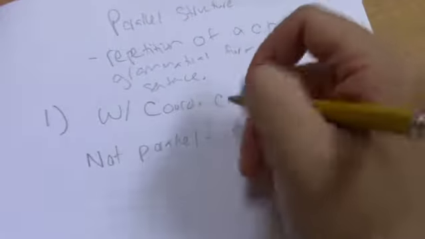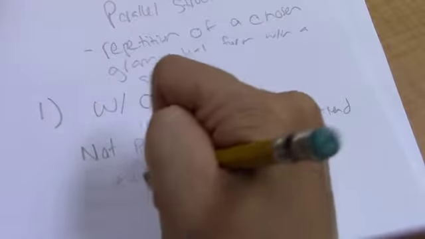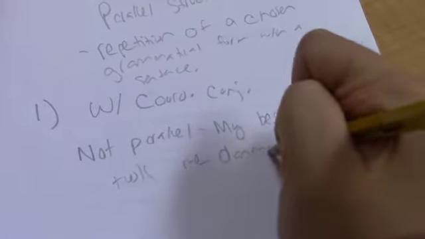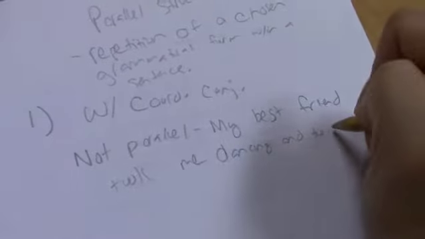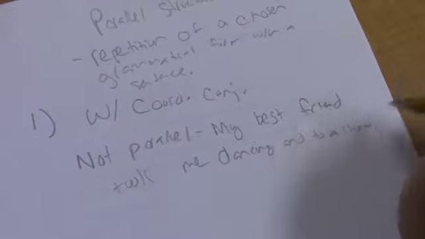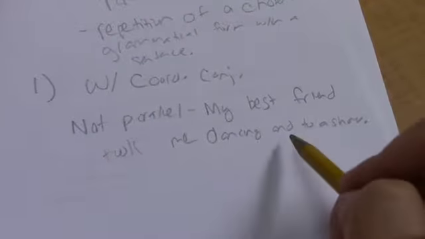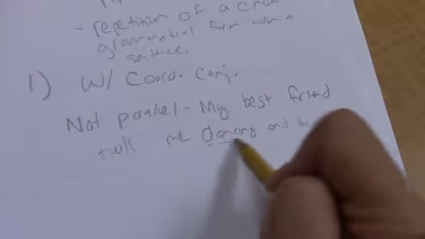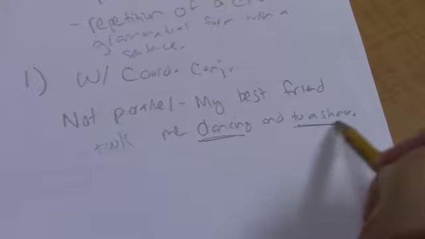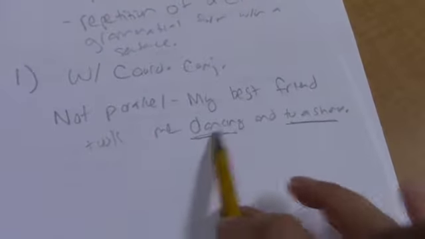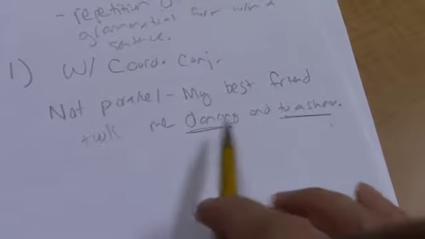My best friend took me dancing and to a show. My coordinating conjunction is and, and I'm connecting dancing and to a show together. Notice, though, these two do not have similar structures. They do not have parallel structures.